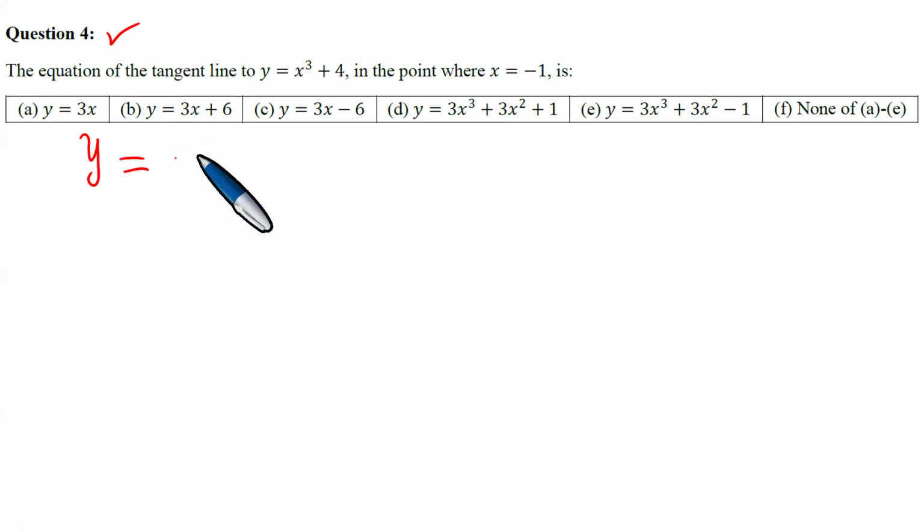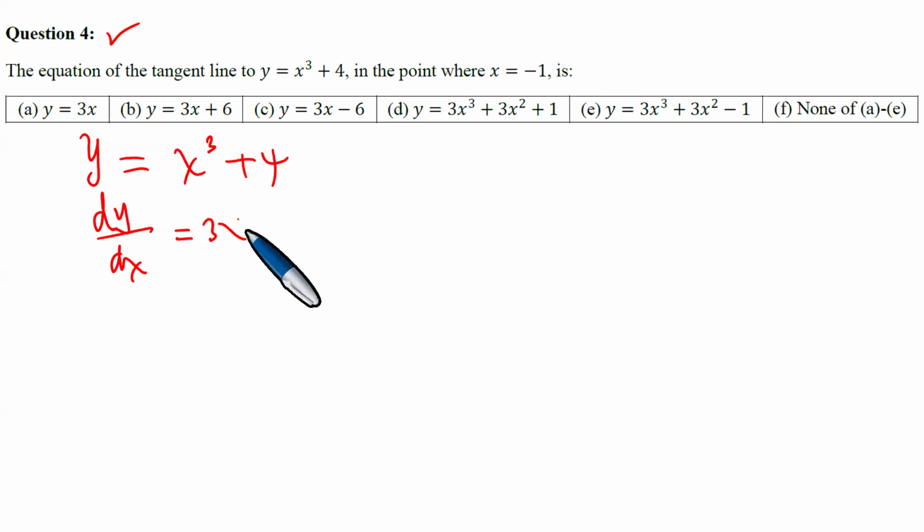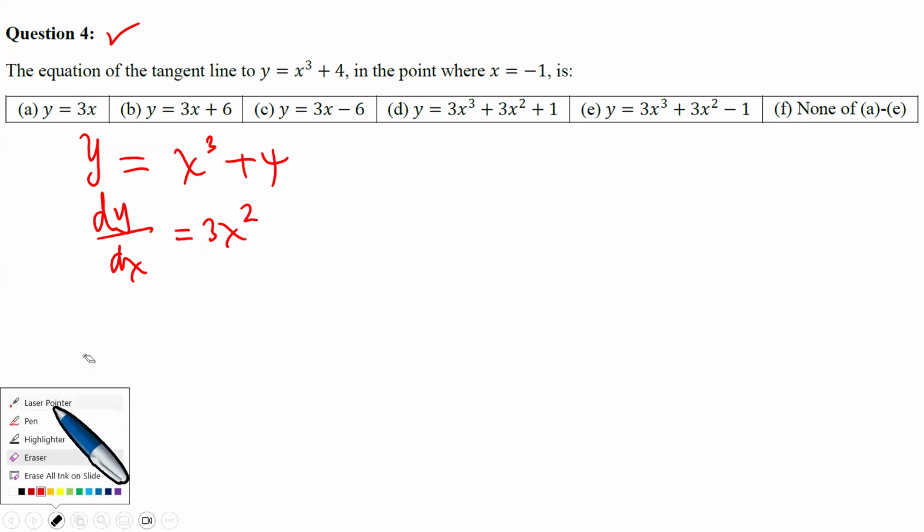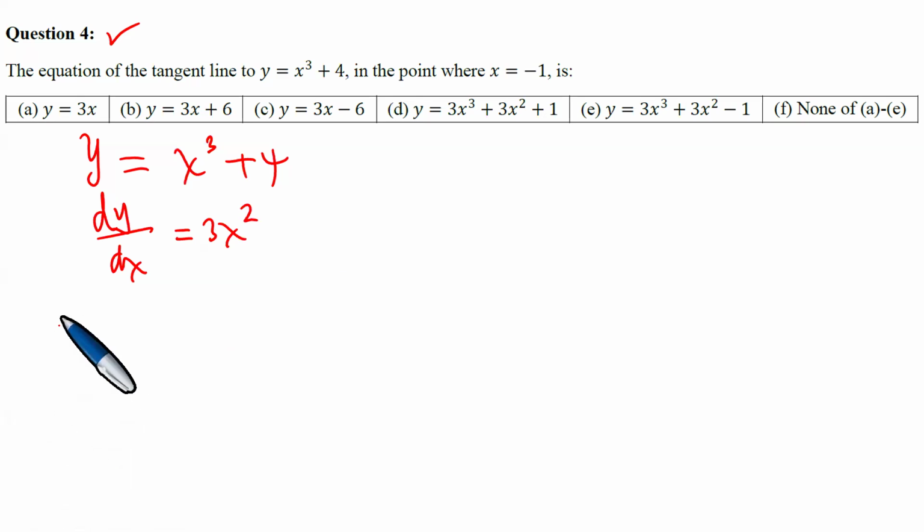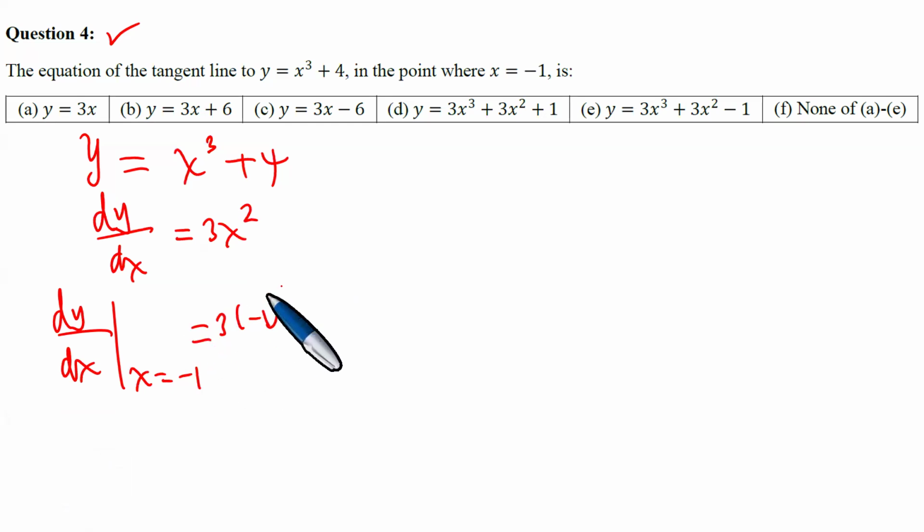So y is x cubed plus 4. dy/dx, the derivative of this, would be 3x squared. And we're interested in finding the equation of the tangent line. And therefore, we have dy/dx at x equals minus 1, which is 3 times minus 1 squared, and it becomes 3.